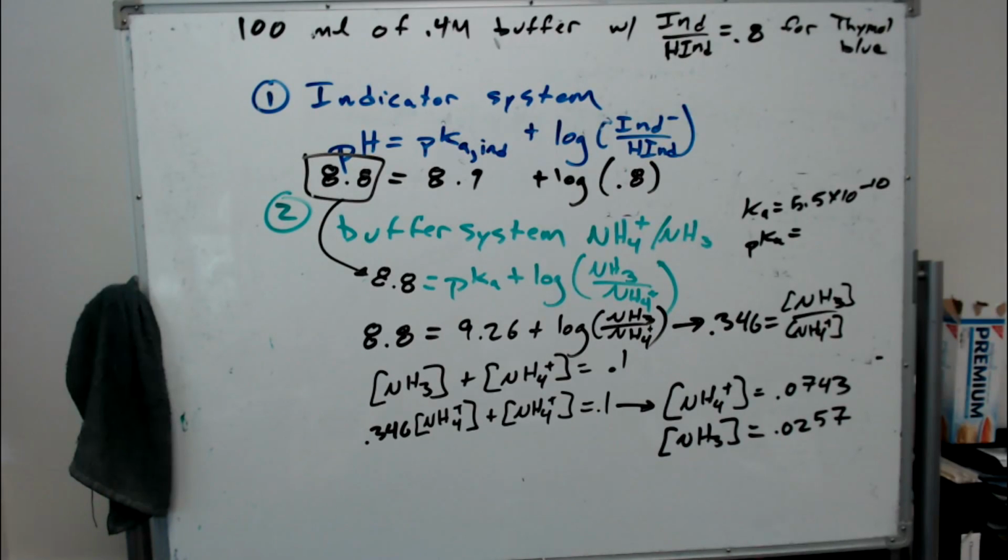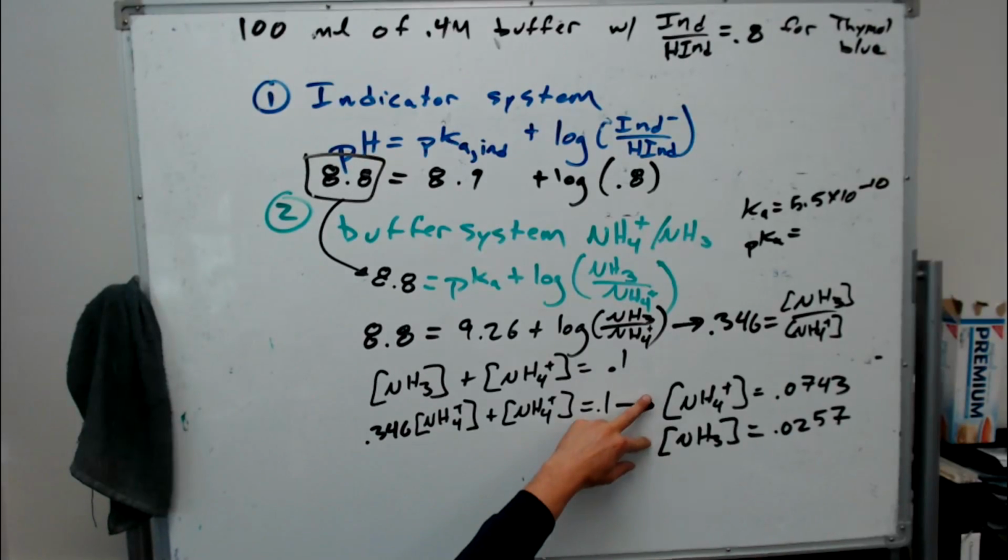I did something wrong. Oh, no, we didn't. But these two numbers. Oh, yes, you did, because for my system I wanted 0.4. Those add up to 0.1, but they're not giving me the right ratio.